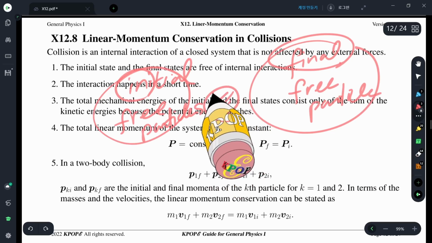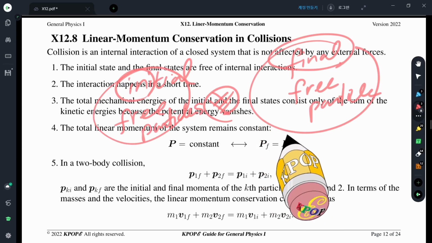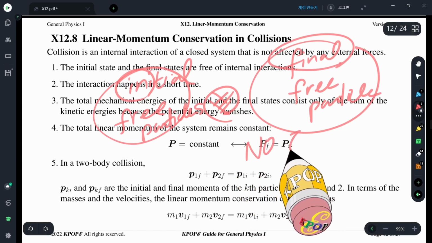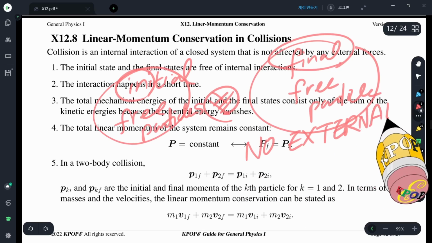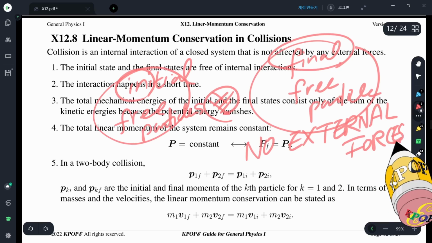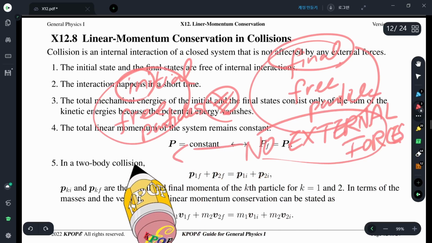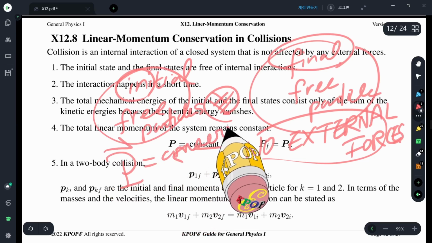Only during a very short time, they interact with each other. And we assume that there are no external forces. With no external forces, the total linear momentum P is conserved.